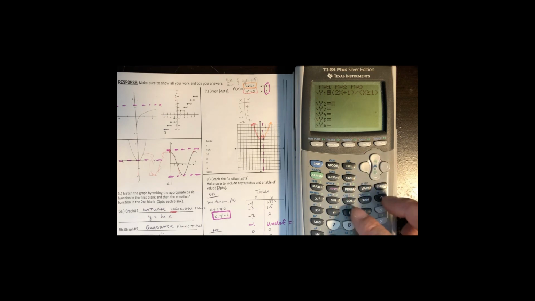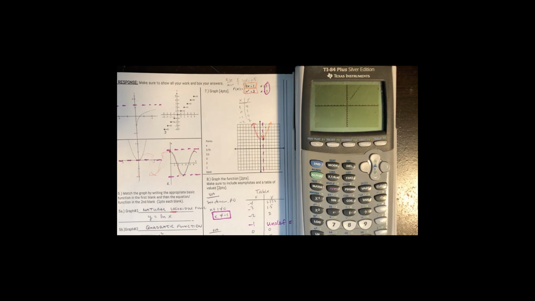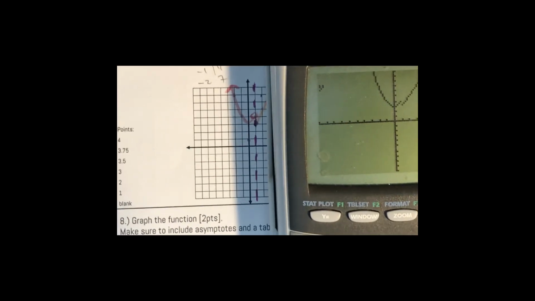And then I'm going to do the same thing over here, x squared plus 3, close parentheses, divided by x, second math, less than 1. So we've got zoom 6. So you can kind of see it actually does pretty much everything for you.